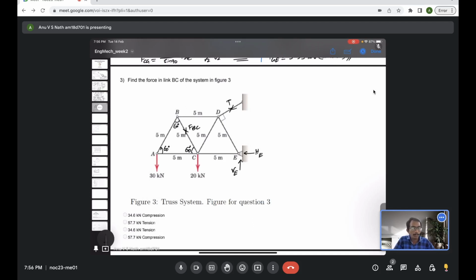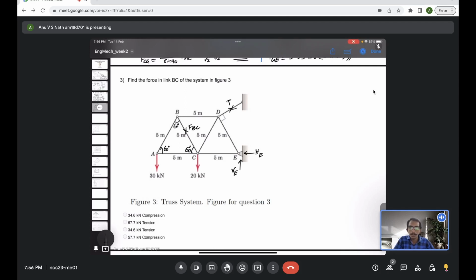That's the only difference. Other than that, the concept is the same, just the equilibrium of sections or joints. The final answer will be the same. Some problems will be faster with one method, and slower with the other.